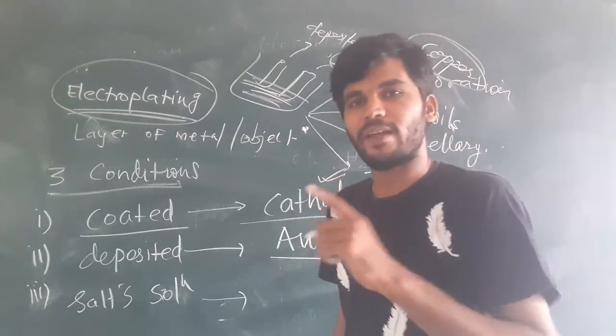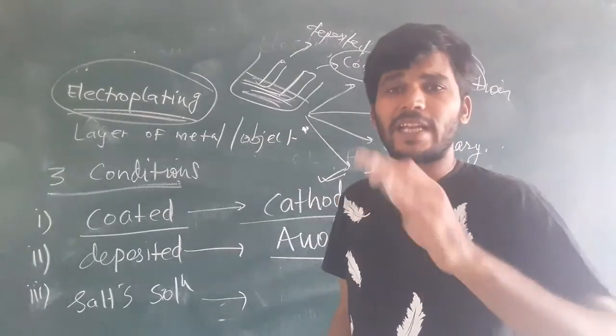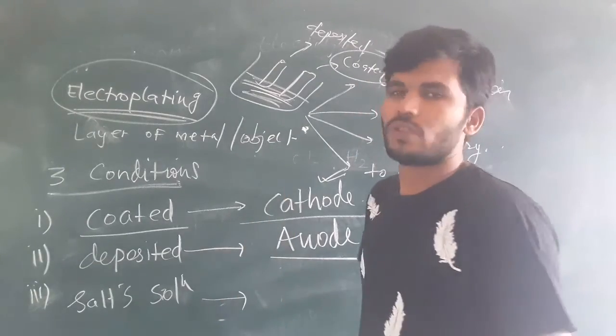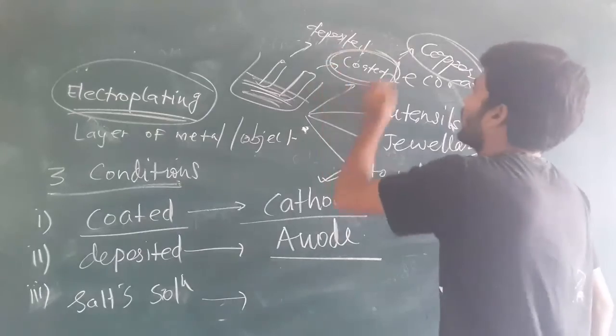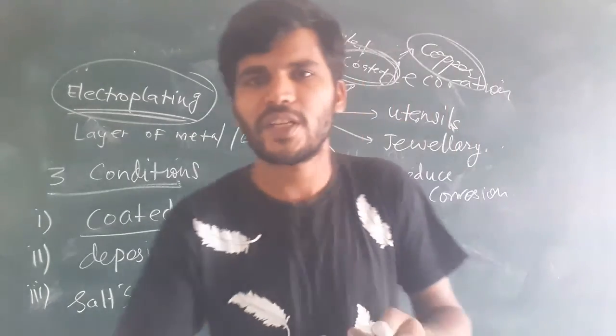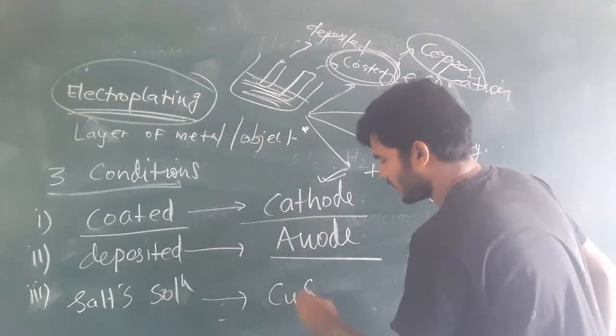Like sodium chloride, NaCl, if we want to do the plating of chlorine. But here the cathode is copper, so we will take some other salt which includes copper. For example, copper sulfate.